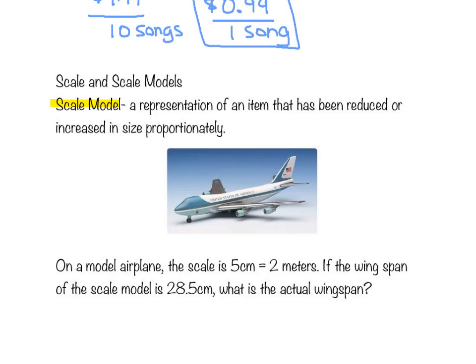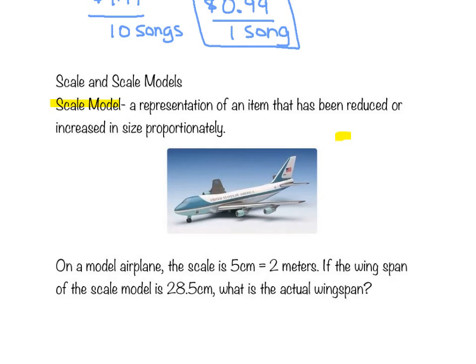The scale is 5 centimeters on the model equals 2 meters on a real life plane. So every 5 centimeters on the model represents 2 meters on the real plane. So that's going to be the scale that we use.